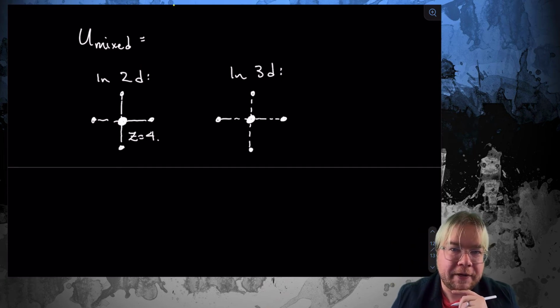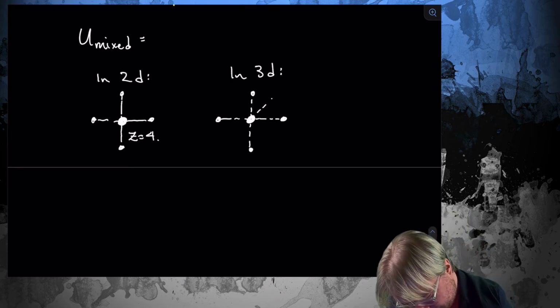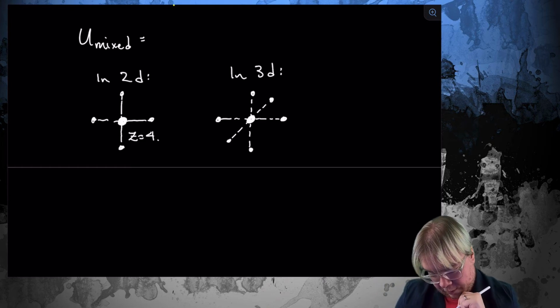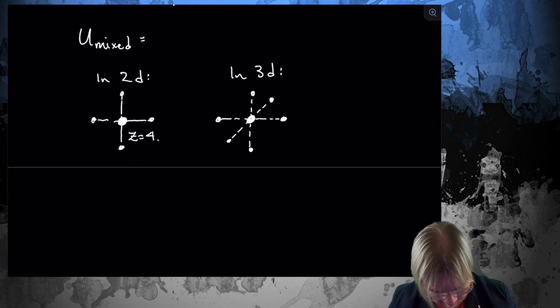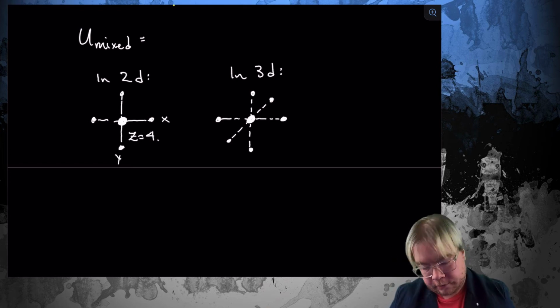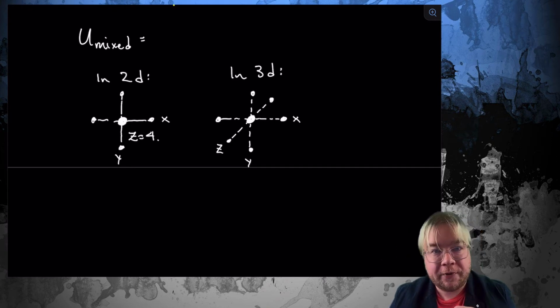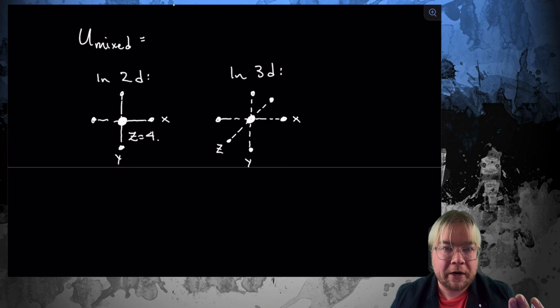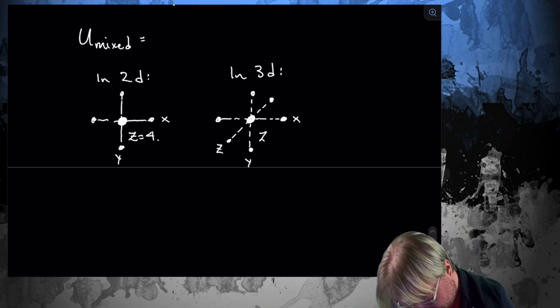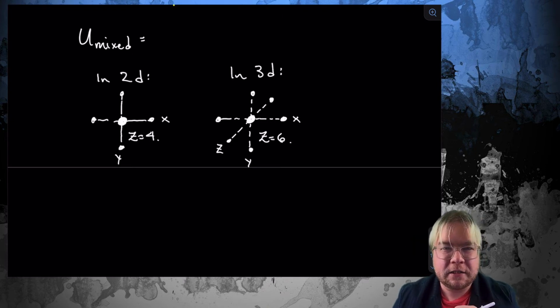Well, it looks like the 2-dimensional case. And then I have 1 forward and 1 behind me. So I have 1 right here and 1 right there. You can think of this in coordinates. This is maybe the x coordinate and this is the y coordinate, and this is the z coordinate. So in 3 dimensions on a square lattice like this, the nearest neighbors are 6.